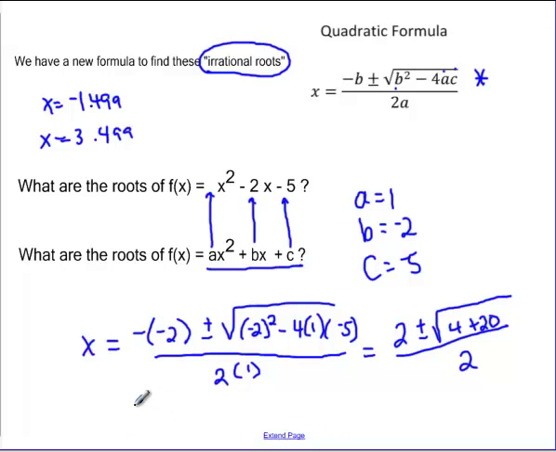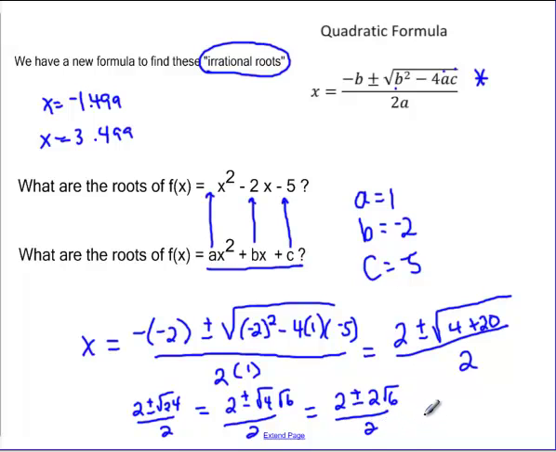That gets me 2 plus or minus the square root of 24 over 2. That breaks down to 2 plus or minus the square root of 4, the square root of 6 all over 2. That is 2 plus or minus 2 square root of 6 all over 2. 1 plus or minus the square root of 6.